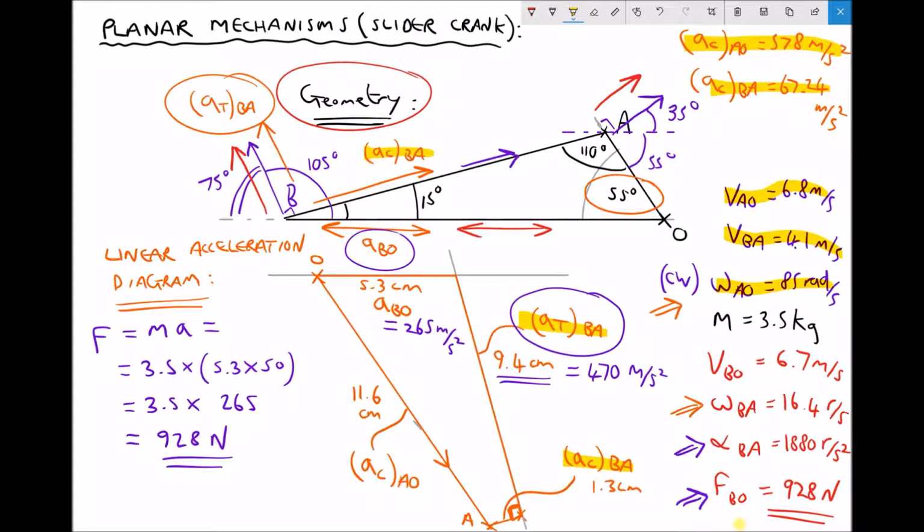Once again, the acceleration of the slider was constrained to horizontal direction, and we were able to determine the direction of the centripetal acceleration of AO because we knew it acted in the same direction as the linkage OA and towards the origin O.